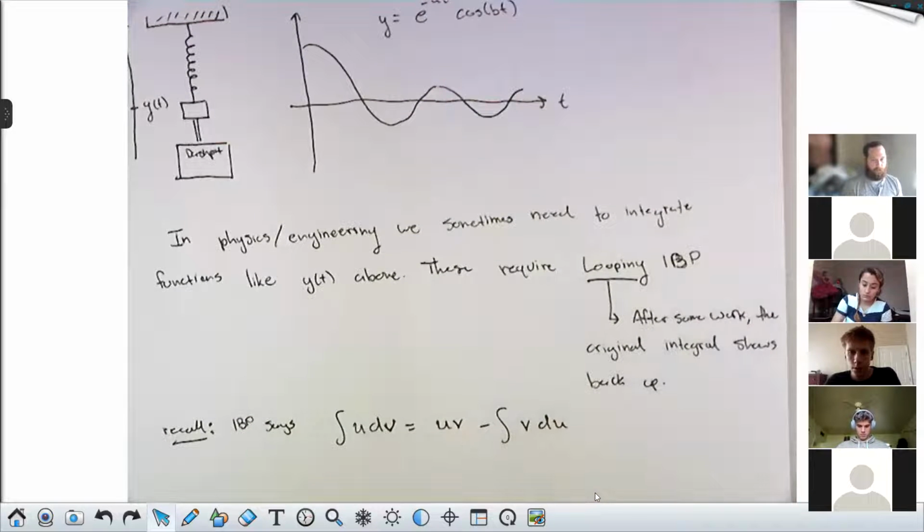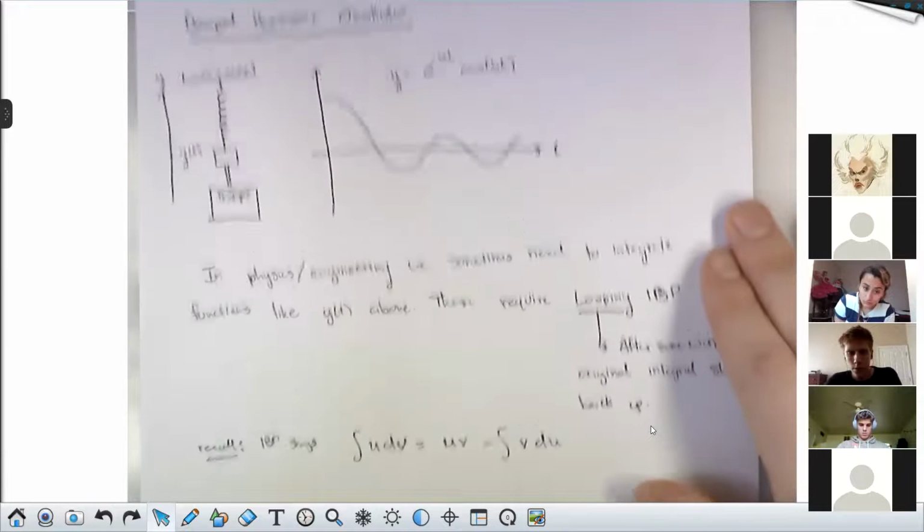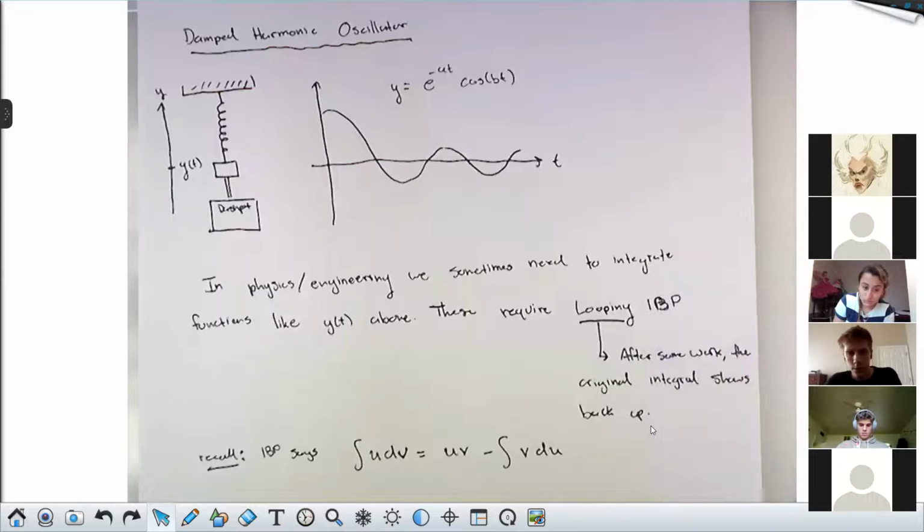This is the formula we will use. And we want to apply that to the integral of like e to the negative at cos bt. I'll look at a particular example, but just want to get all the recap stuff here in one place. Any questions about the kind of intro or recap? What we need to remember, what we're doing, sort of thing?